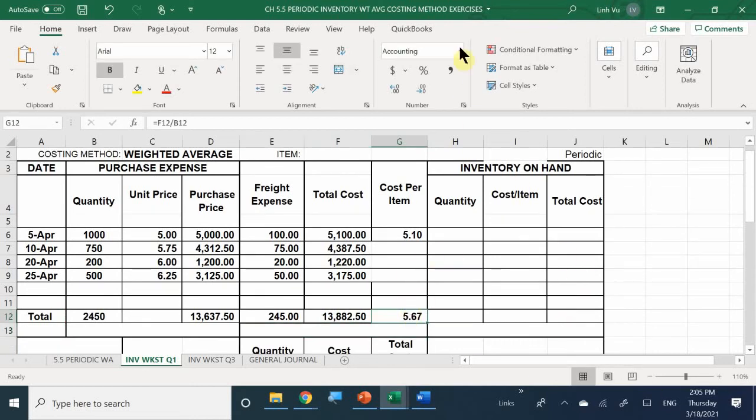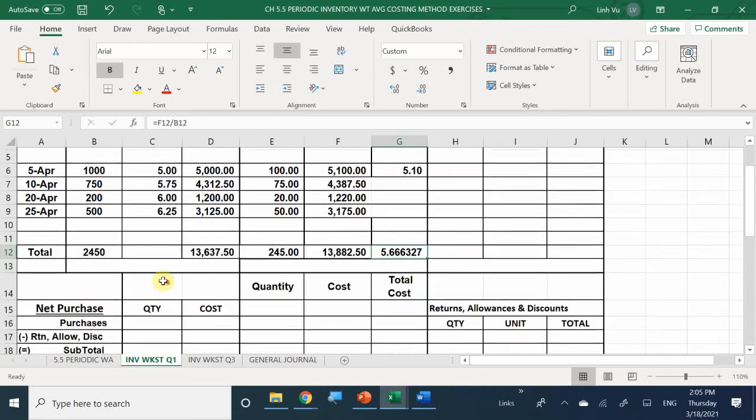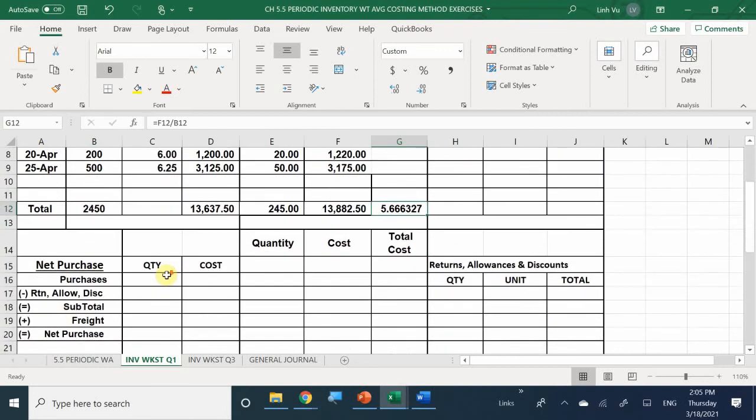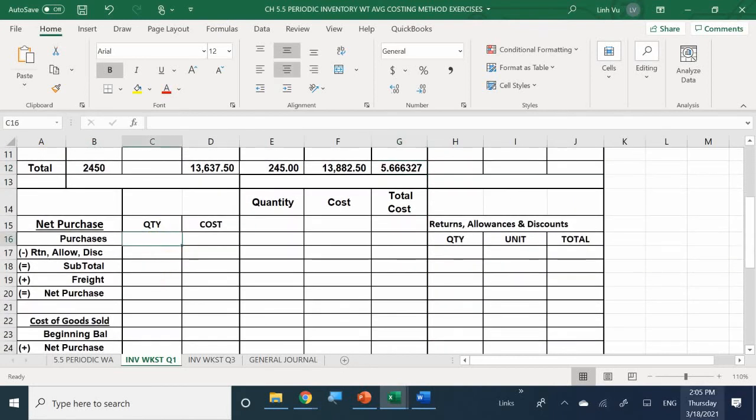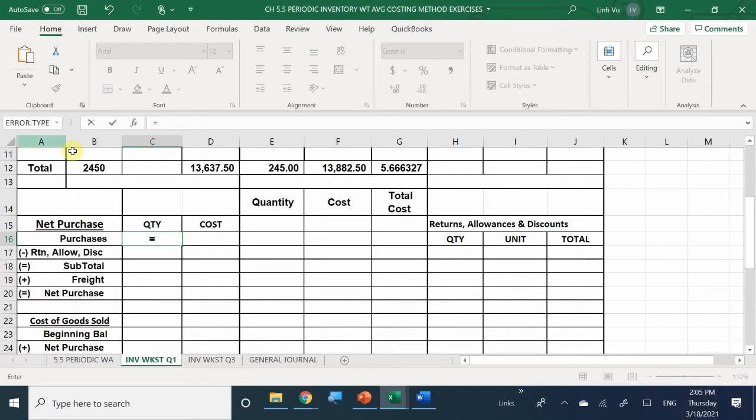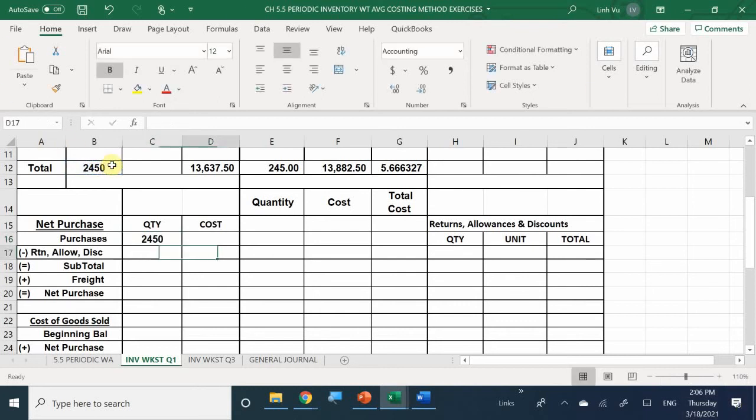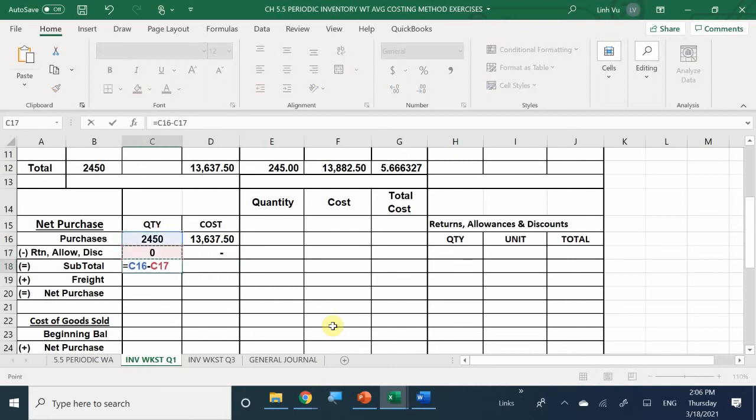Okay, so we have a long, nasty number right here. Now that we have our average, we're going to plug in our numbers once again. The quantity I purchased was 2,450 at 13,637.50. Once again, I have no purchase returns or any allowances, so my subtotal should stay the same.